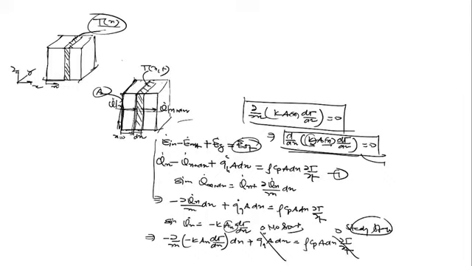If k is constant, then I can take it outside. If area is constant, then take it outside, then it becomes d2T upon dx square. है कि नहीं? So this k and A will be inside the differentiation as long as k and area are functions of x.